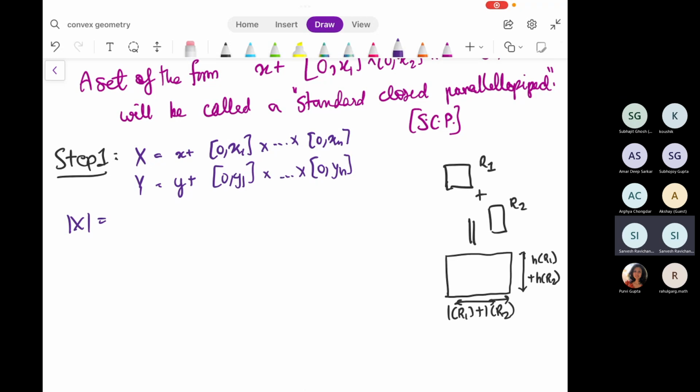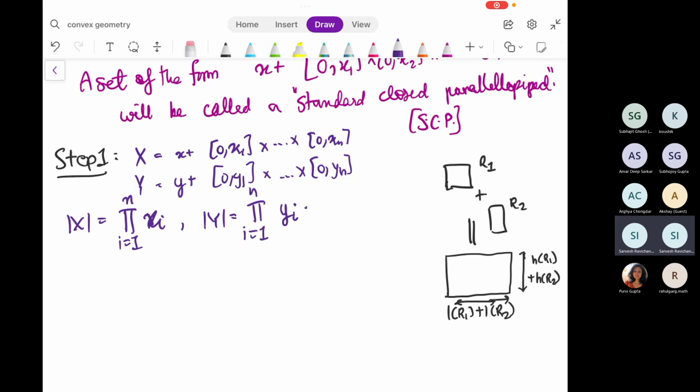Also, note that all the xi's and all the yi's are positive, because if one of them was 0, then we'd be back to a measure 0 situation, in which case we already have an answer. So the volume of X is just the product of the xi, and the same with the volume of Y.